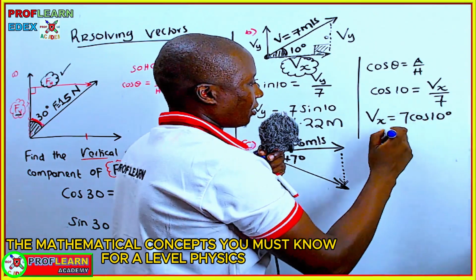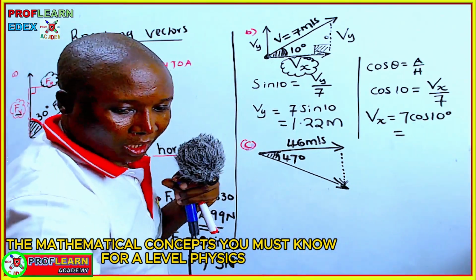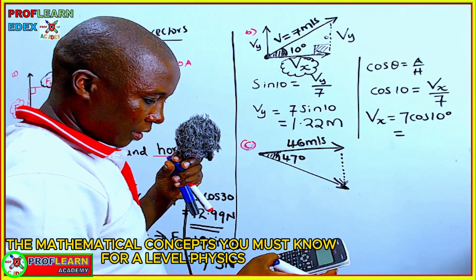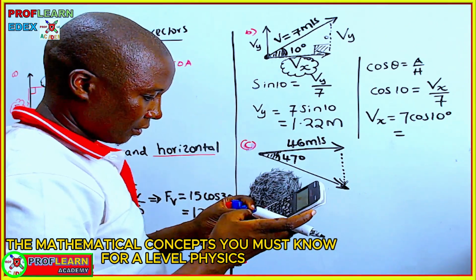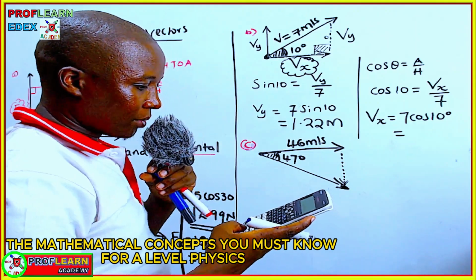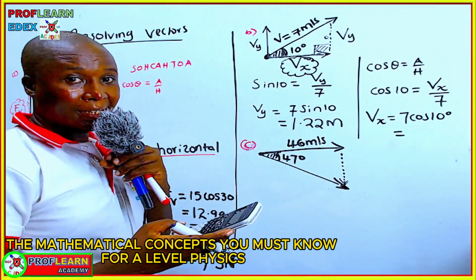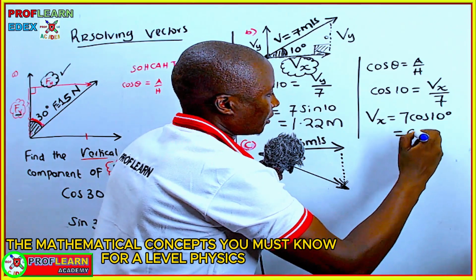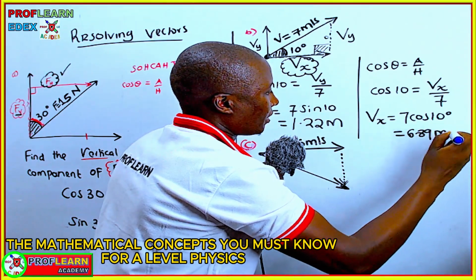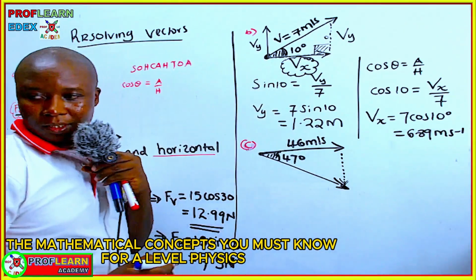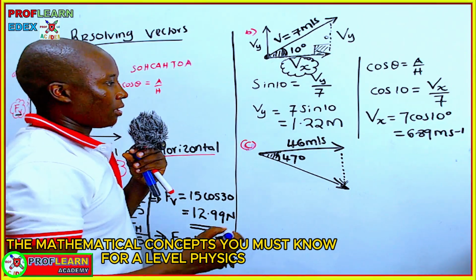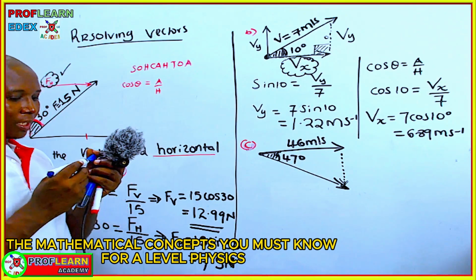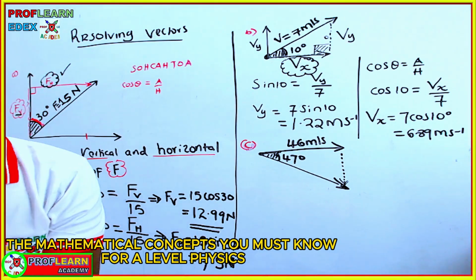Substituting 7 cos 10, this becomes 6.89. So we shall say this is 6.89 meter per second. Of course, this is also meter per second because we were talking of velocity.